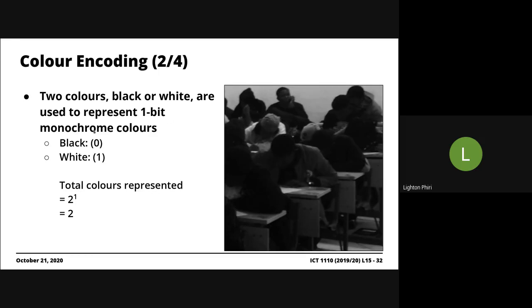You could say black is represented using 0, and white is 1, or the opposite, it doesn't matter. The total number of colors you can represent using 1-bit representation is obviously 2 to the power 1, so 2 colors. Remember that formula?